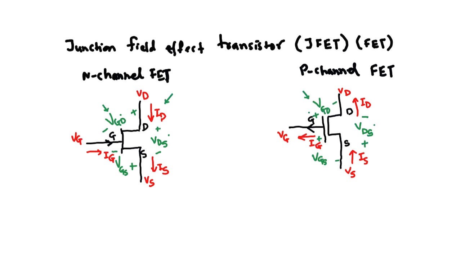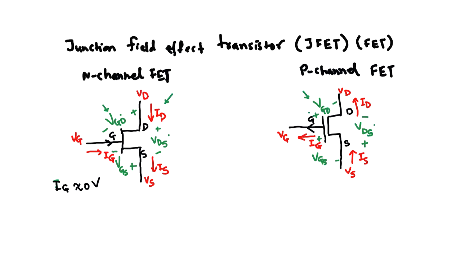Now, there are some terms we would like to define here. For example, IG is the gate current. Let me draw it. IG is approximately 0. It means the gate to source junction is reverse biased for normal operation.